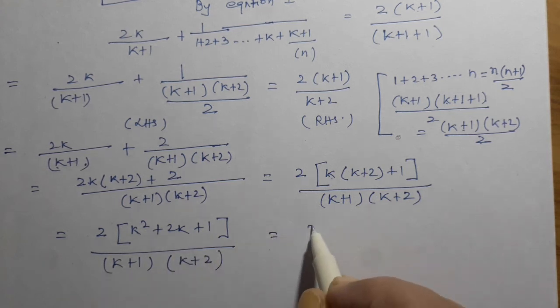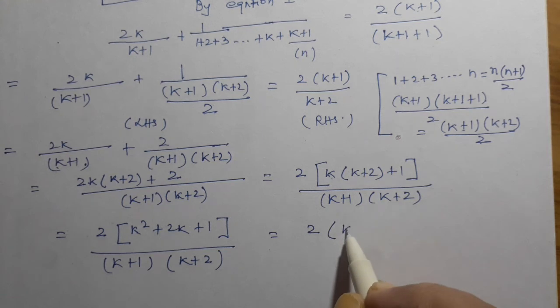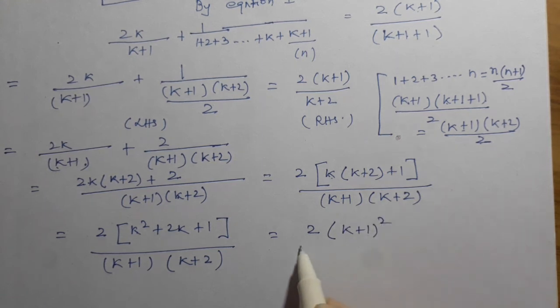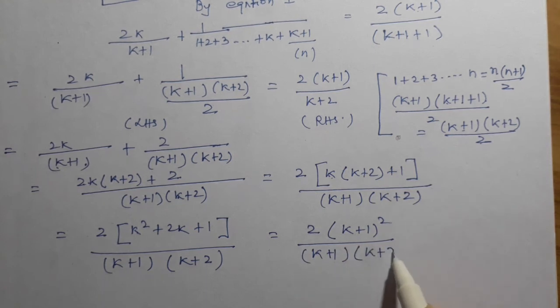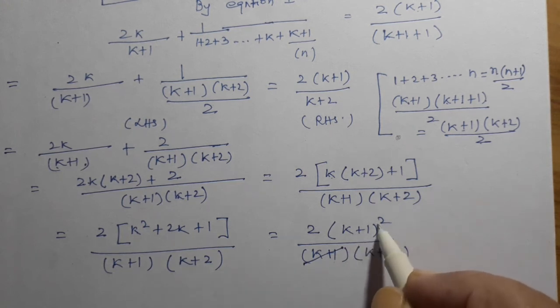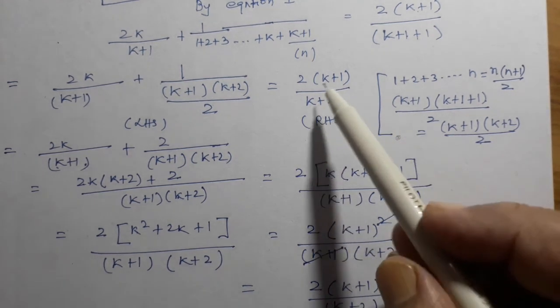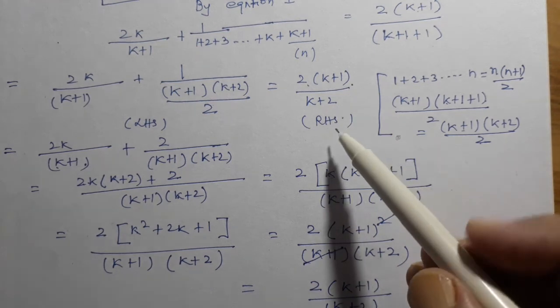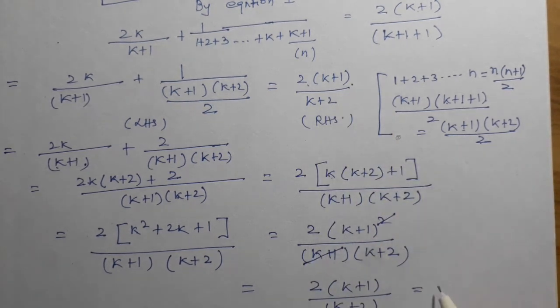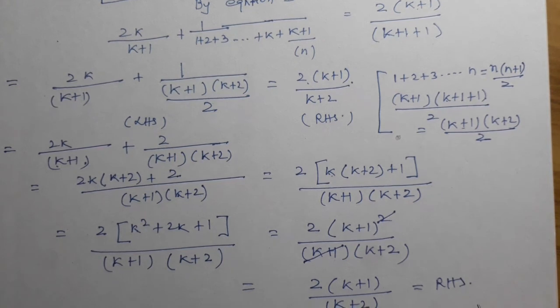So we can write it 2 into k plus 1 whole square by k plus 1 into k plus 2. So by this, k plus 1 square is there, so this square will be cancelled. So it will be 2 into k plus 1 by k plus 2. This is our RHS, 2 into k plus 1 by k plus 2. This is equal to RHS, right?